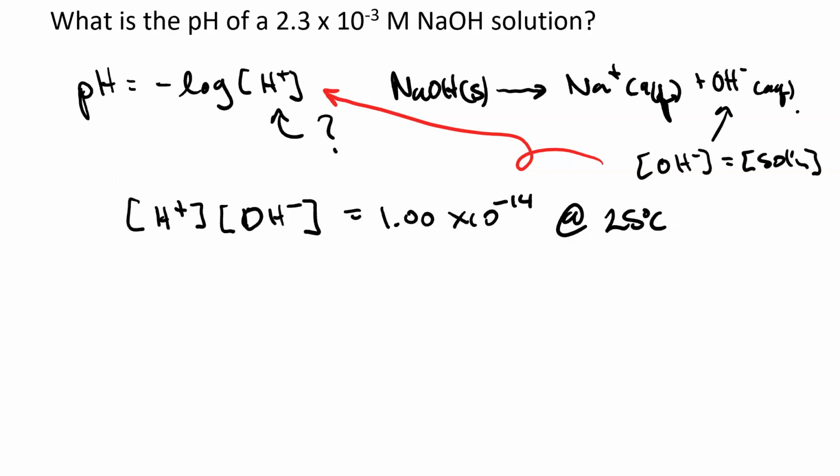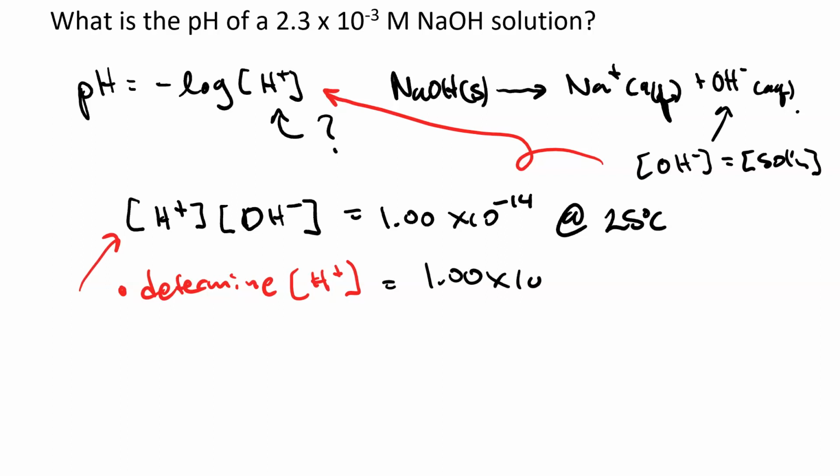So to solve this question, I could determine the H plus concentration from this equation. H plus will just equal 1.00 times 10 to the negative 14th divided by the hydroxide ion concentration, which is the same as the concentration of solution.